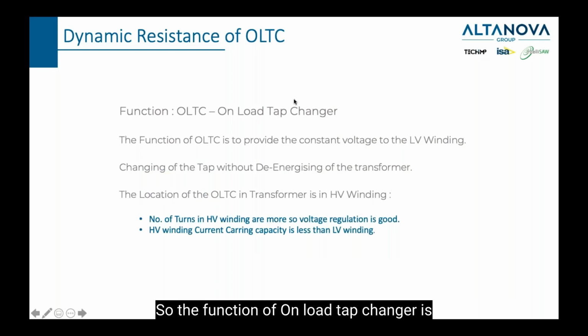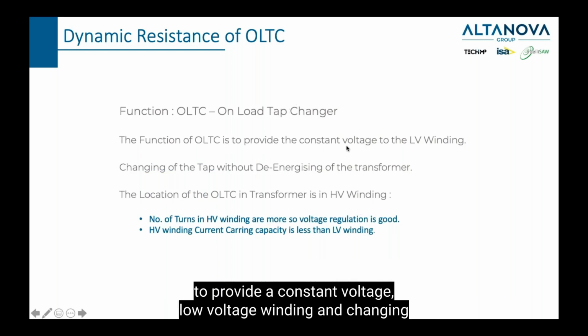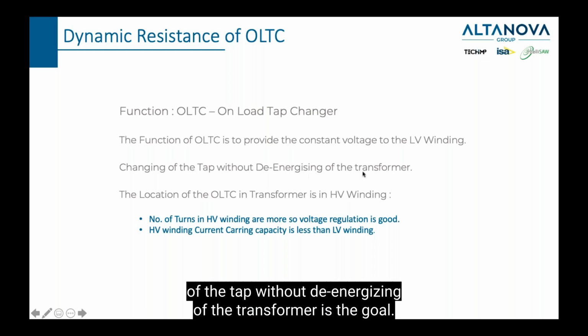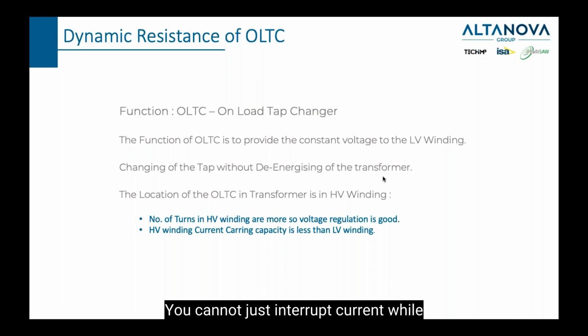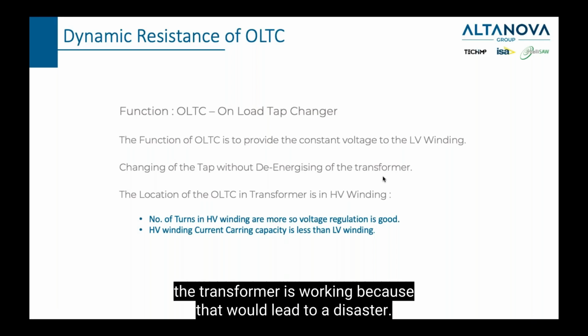So the function of on-load tap changer is to provide a constant voltage to the low voltage winding, and changing of the tap without de-energizing the transformer is the goal. You cannot just interrupt current while the transformer is working, because that would lead to a disaster.